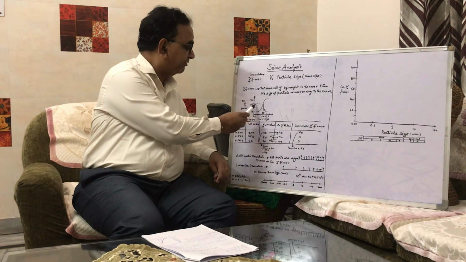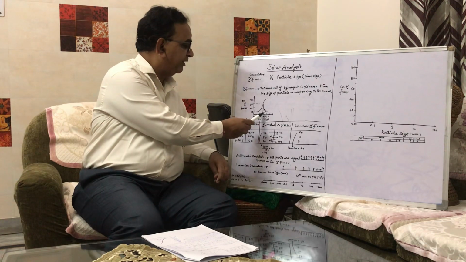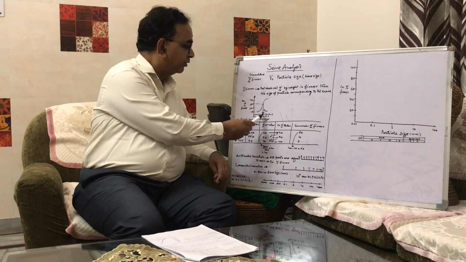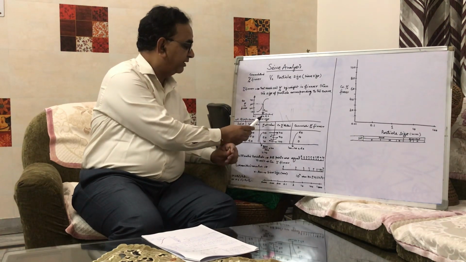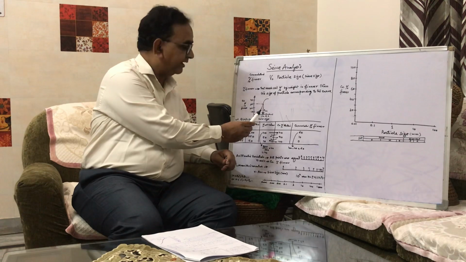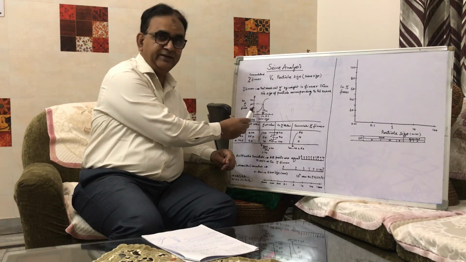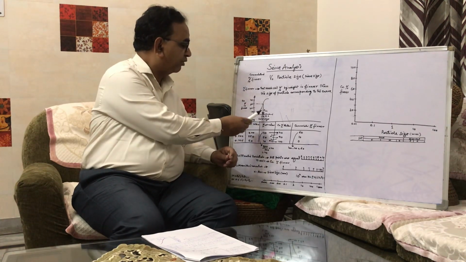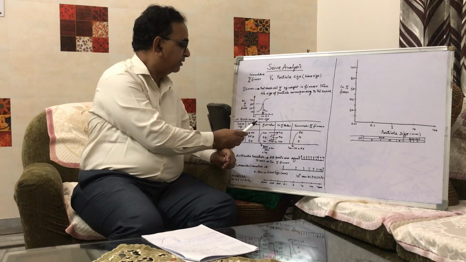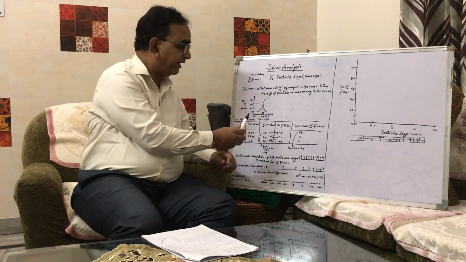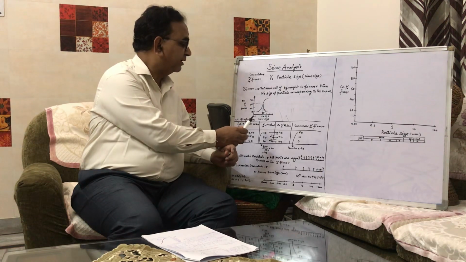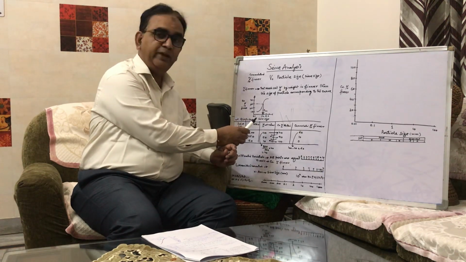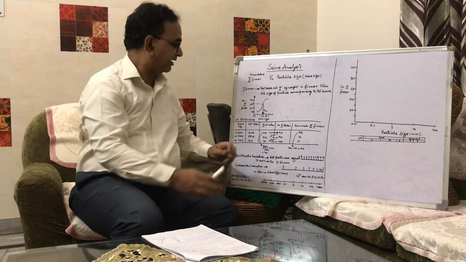In this figure, D30 means that particles smaller than 0.2 millimeter diameter are 30%. Means according to this curve, 30% by weight of the total soil is less than the diameter of 0.2 millimeters. That is percent finer.